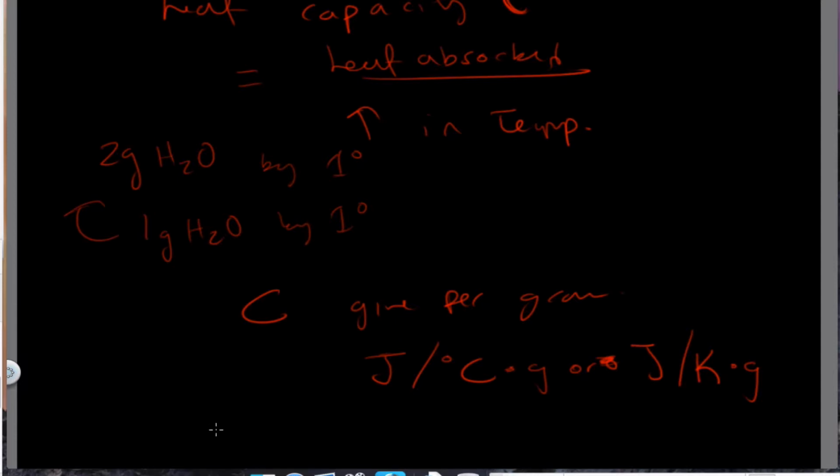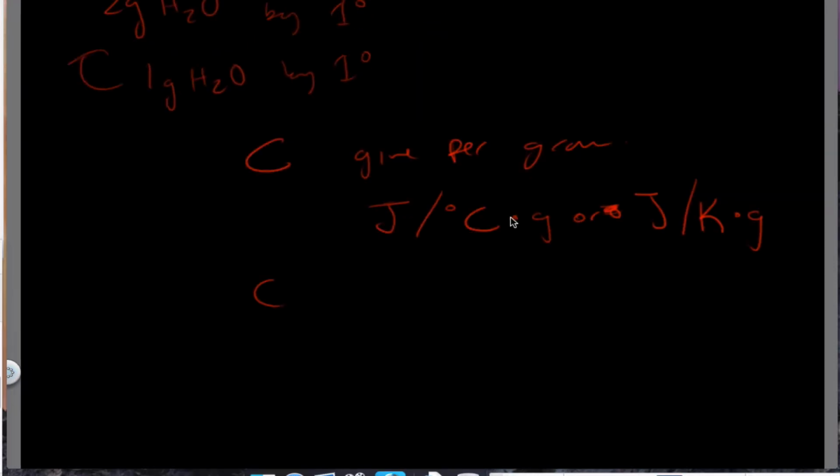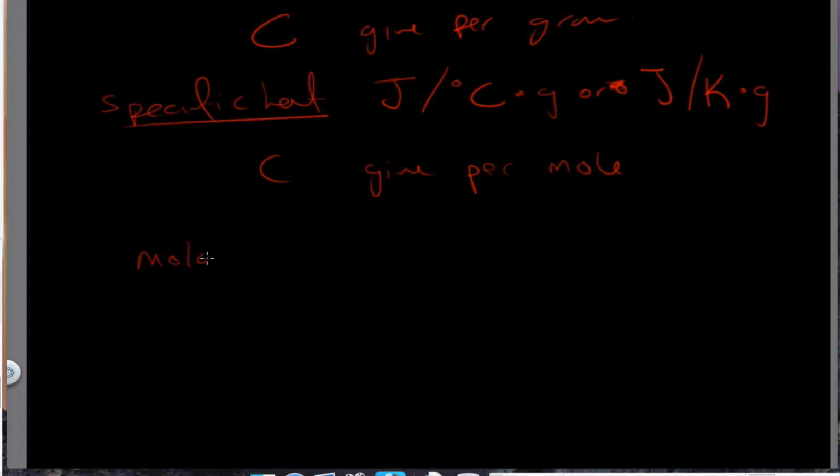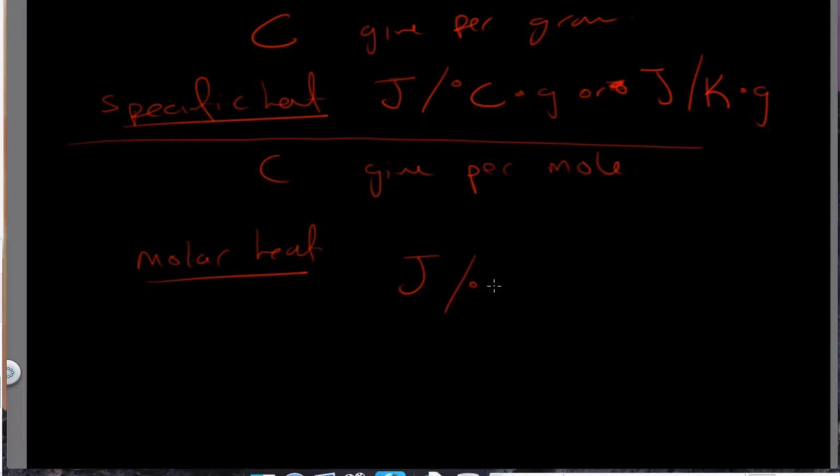Now, if it's given per mole, then we're going to call that the molar heat capacity. This is specific heat capacity. This is molar heat capacity. Okay? If it's given per mole, we're going to call that molar heat capacity. And this is going to have units of joules over degrees Celsius times mole, or joules over Kelvin times mole.